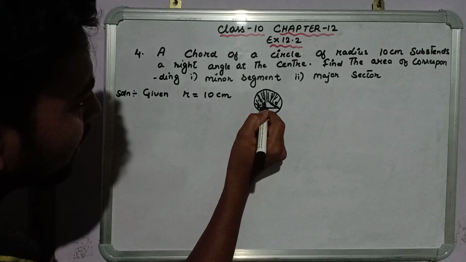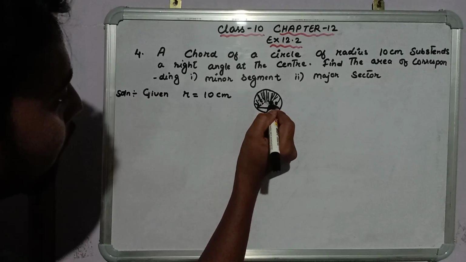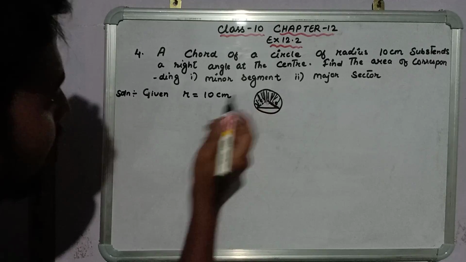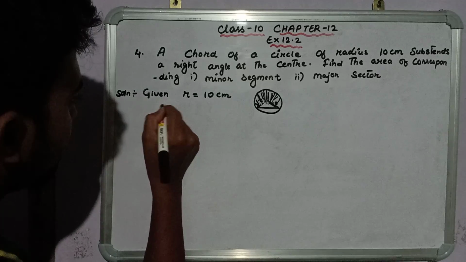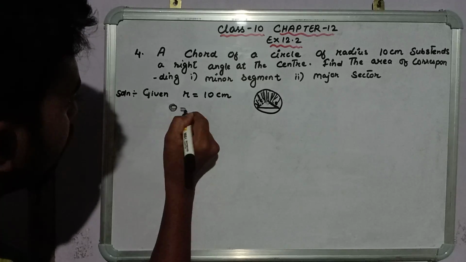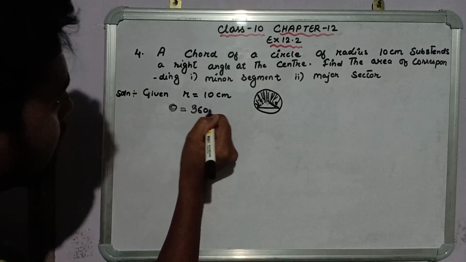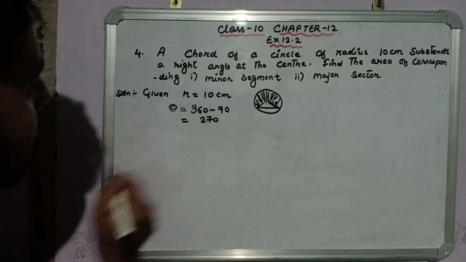So we know this angle is 90 degree. So what will be the remaining angle? Why are we taking the remaining angle? Because we have to find the remaining part. So here theta will be 360 minus 90. So it will be 270.